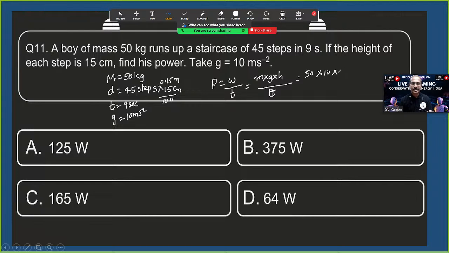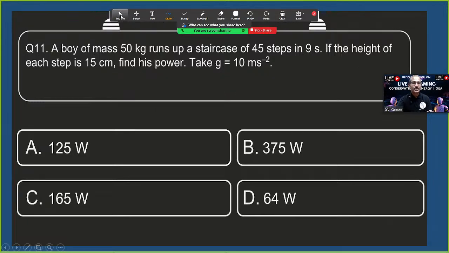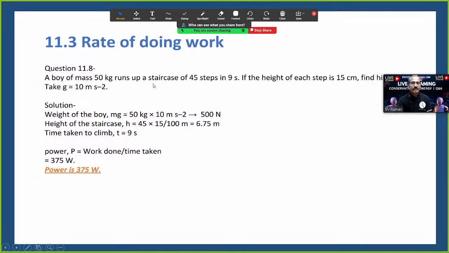After multiplication, 45 into 0.15, by time which is 9 seconds. So finally, hope students can calculate over here. So that is 375 watts. So power P is equal to 375 watts.